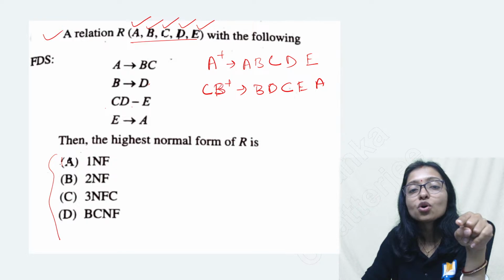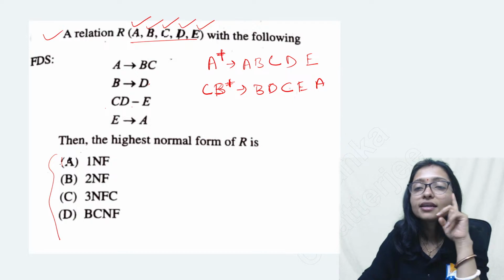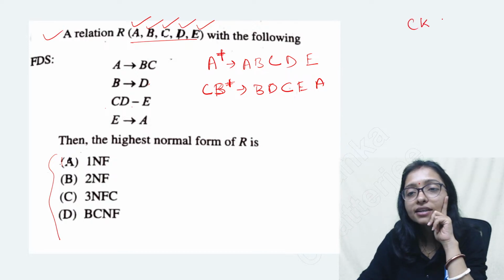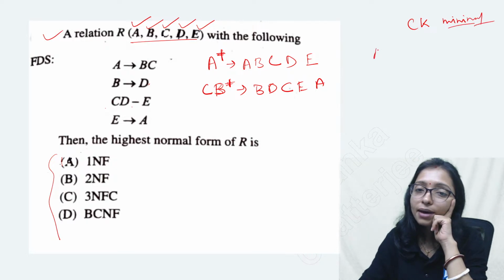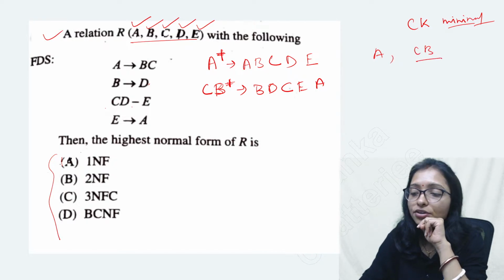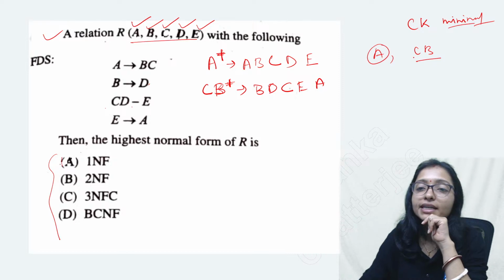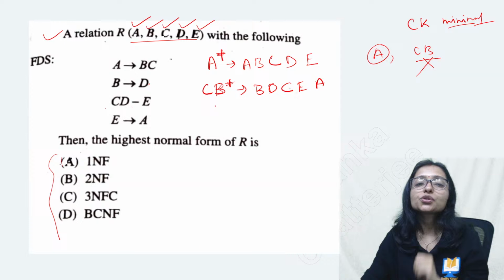Here also many students have confusion. You are thinking, ma'am, candidate key is the minimal set. Minimal set means you started counting. Ma'am, A is one attribute, CB is 2 attributes, then A is only my candidate key, CB is not my candidate key. These questions are also coming.